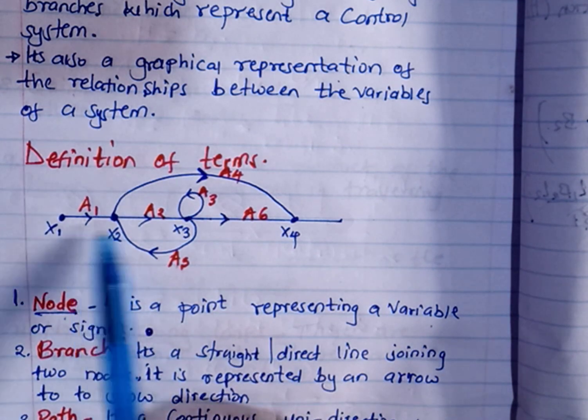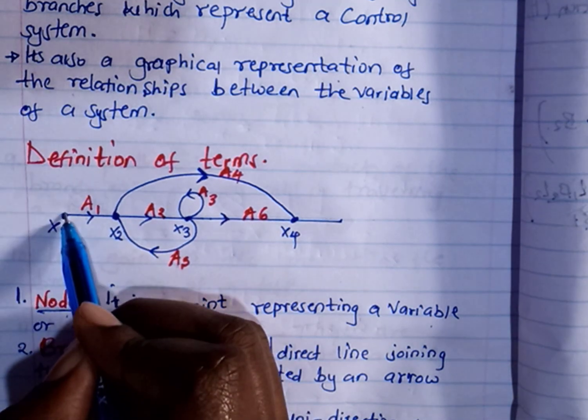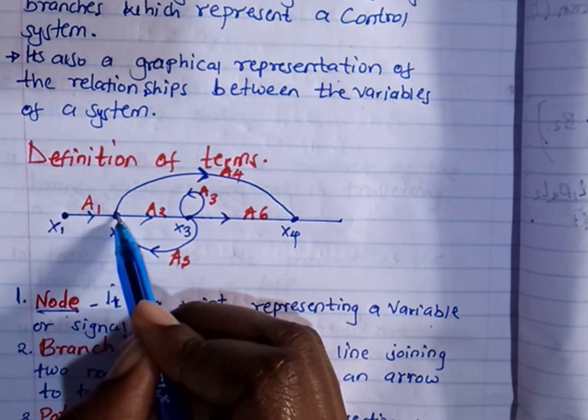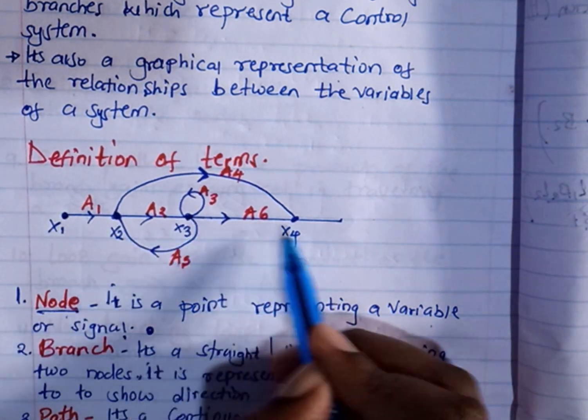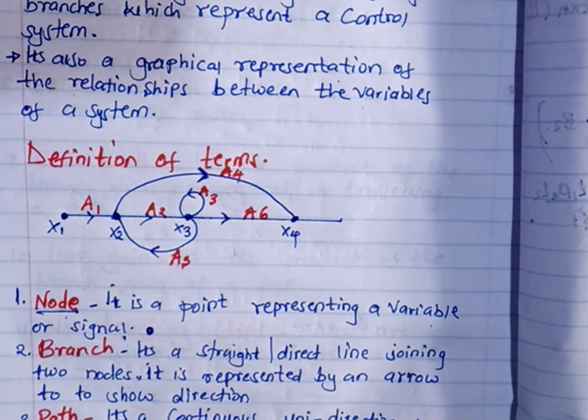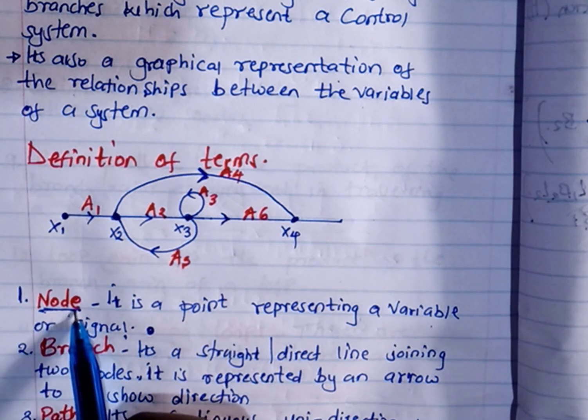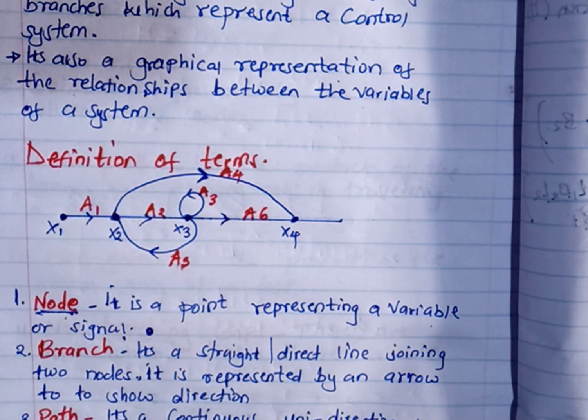If I come to this diagram, I'll have this one as my node, and this one as my node. So instead of having summing points, we just use the nodes to connect several points or paths. That is the first term.